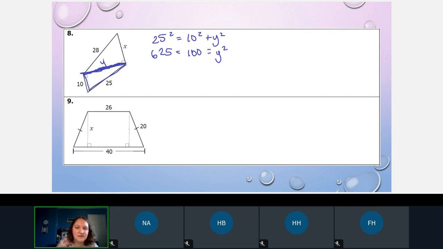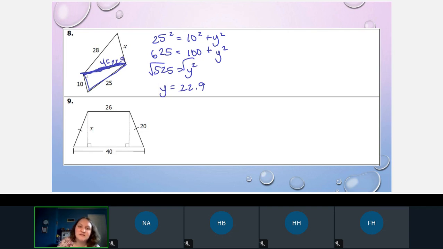That's silly. Subtract 100 from both sides. And then to undo my square root. So this becomes about 22.9. Now that I know what y is, it's about 22.9.